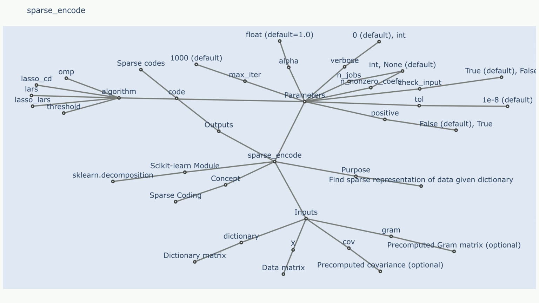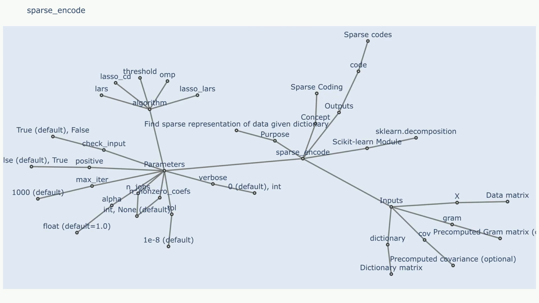4. Applications. sparse_encode has broad applications in machine learning and signal processing. Feature extraction: extracting meaningful features from data by representing it using a smaller set of basis atoms. Image and signal compression: achieving data compression by representing the data with fewer coefficients.